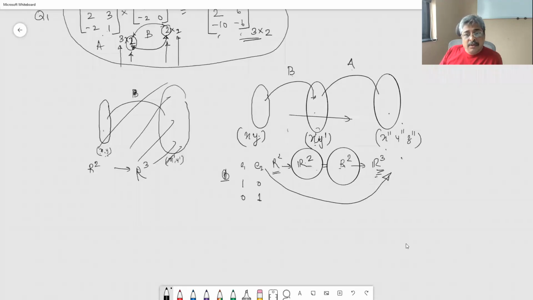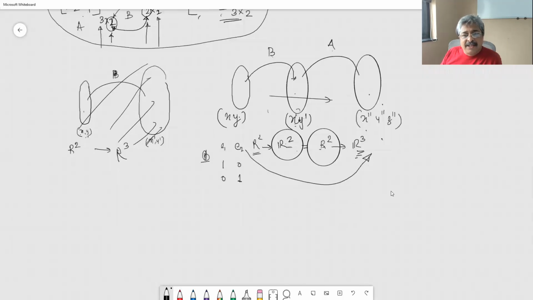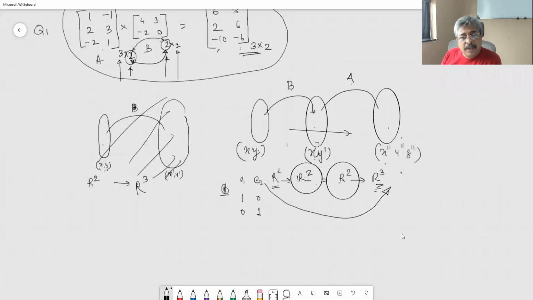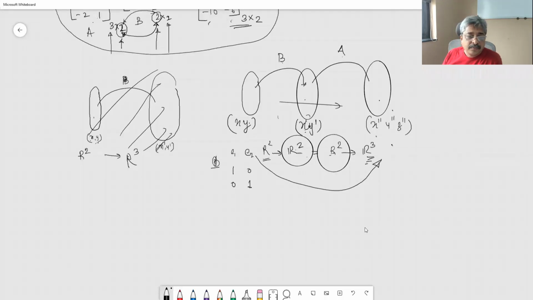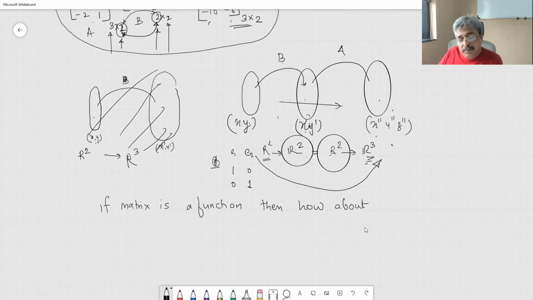Okay. Now comes, if a matrix is a function, then how about inverse function?